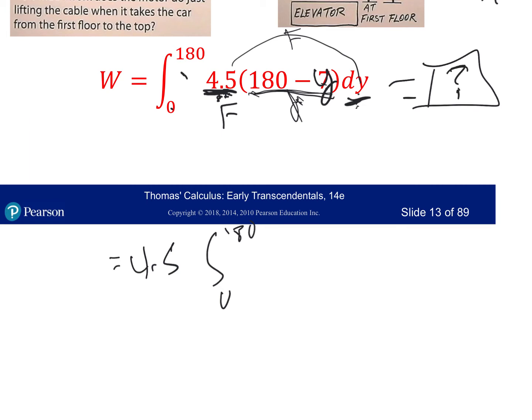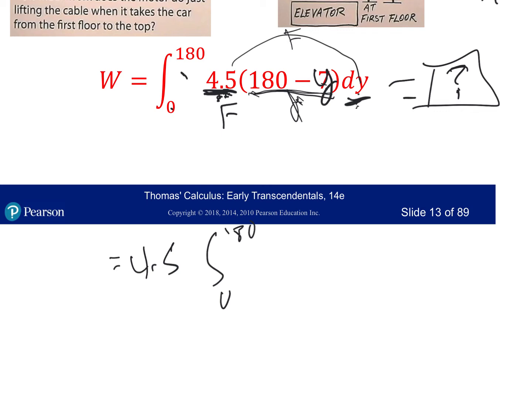We're not experts yet. You need to practice your integration. You need to set things up. I need to see where the antiderivatives are. I need to see that you plugged in the numbers and stuff like that. Some people didn't even write the integral out. Magic answers, not acceptable at all because I don't know where those magic answers come from.